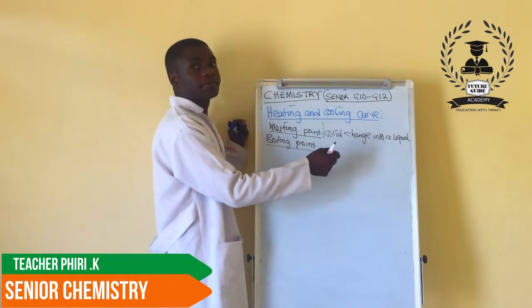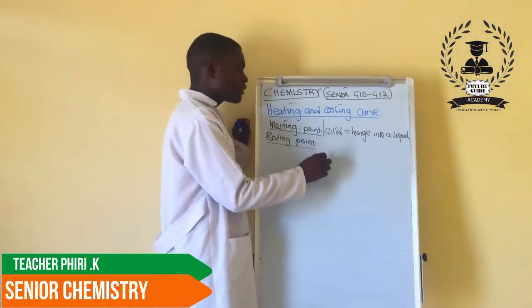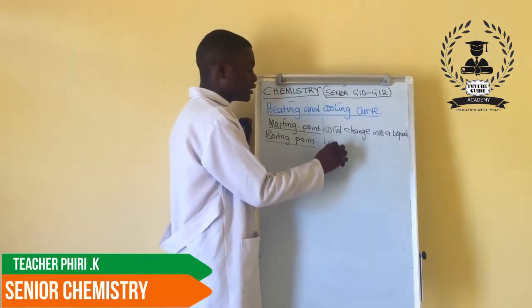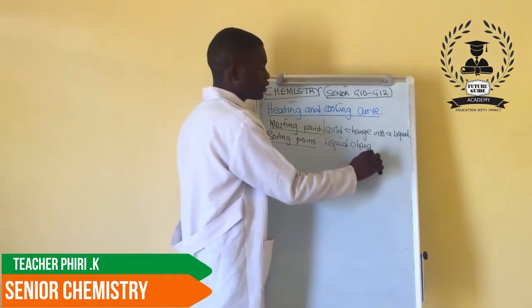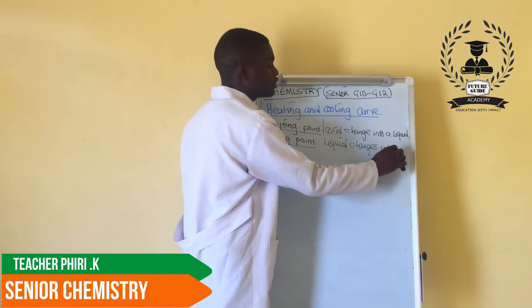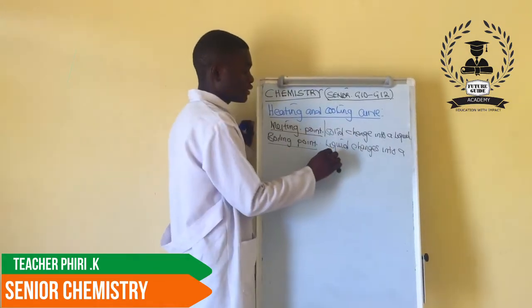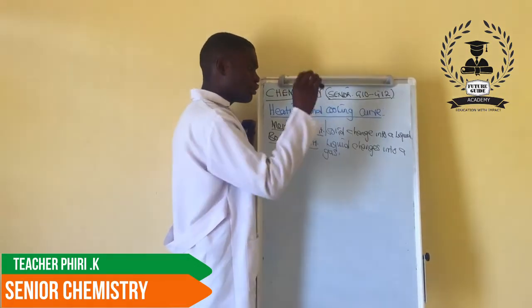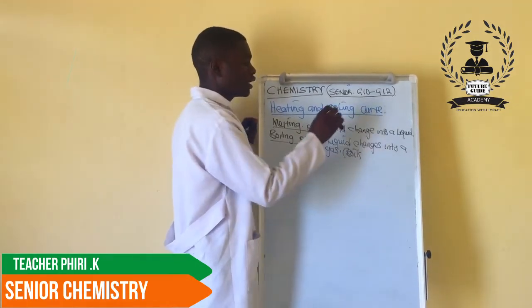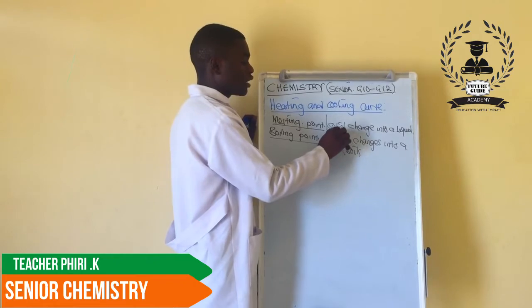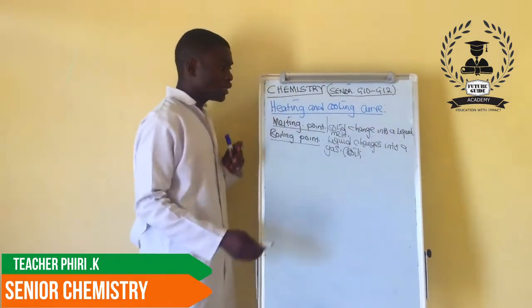A liquid. A boiling point, this is a point at which a liquid changes into a gas. Or in other words, a point at which a liquid will do what? Boil. Here, a point at which a solid will do what?